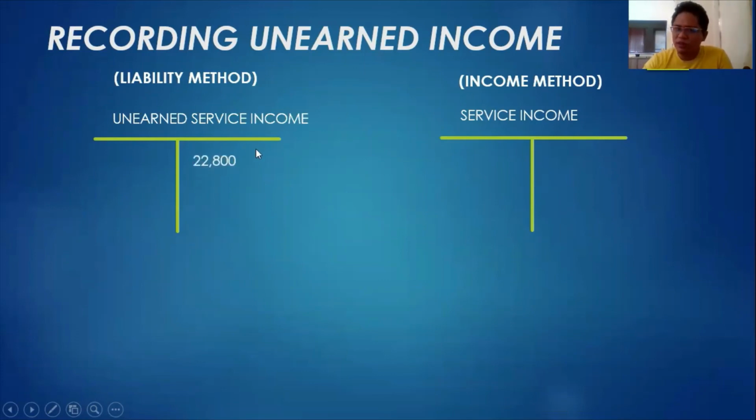So the whole 22,800 is recorded as a liability once we receive it. And if we opted for the income method, 22,800 is all recorded as service income regardless if it's not yet earned. So initially, we recognize the whole thing as service income.